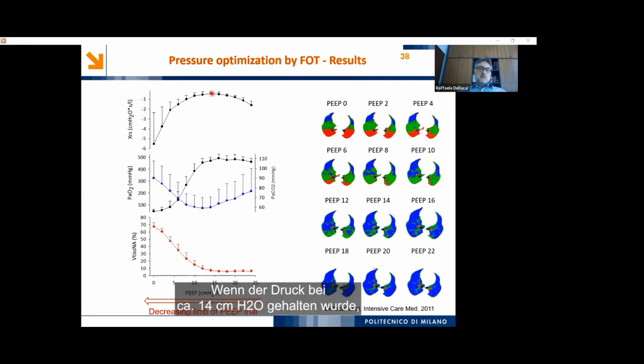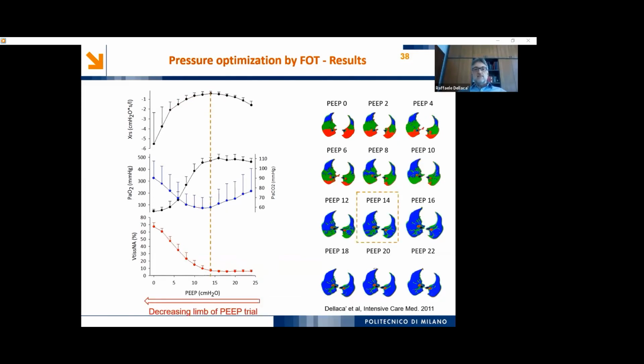So if the pressure was kept about 14 centimeters of water, that is indicated as the best pressure for the reactance measurements, we can keep the non-aerated tissue at the minimum values. If we further reduce the pressure, then you can see that the lung starts to collapse, as shown by the CT scan.